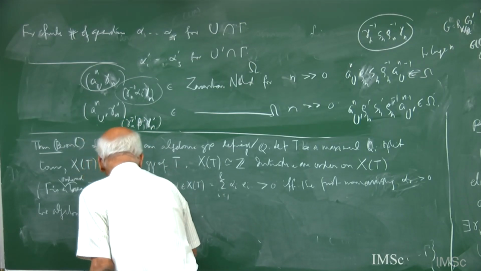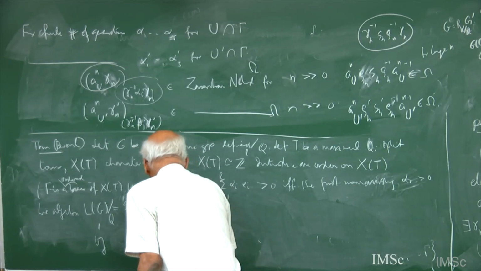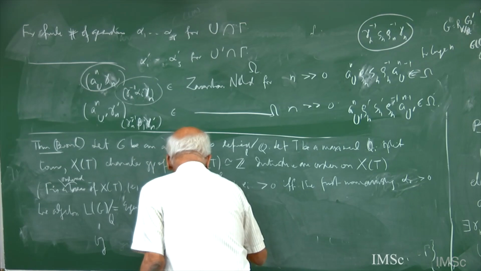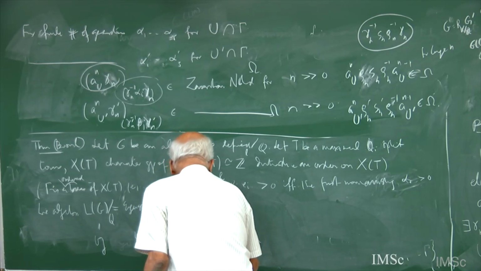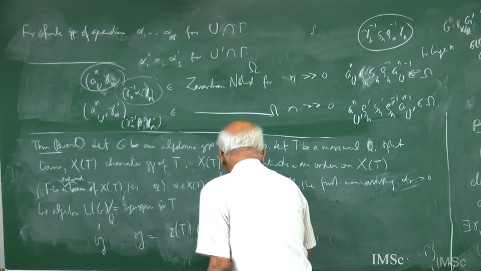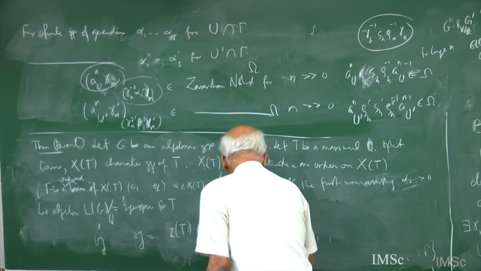G equal to sigma, let me write ZT plus sigma G phi greater than 0, direct sum sigma G minus phi greater than 0.